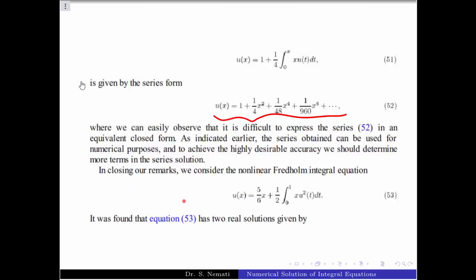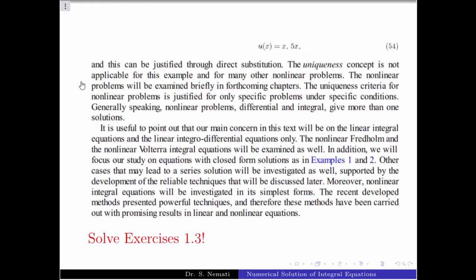In the next case, we consider the nonlinear Fredholm integral equation. This is a nonlinear integral equation, and you can check that there are two solutions, u of x equals x and u of x equals 5 times x.